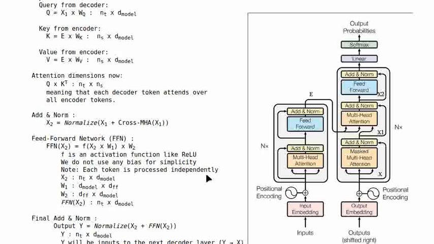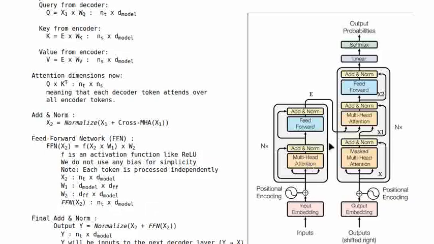The dimensions are: x2, nt times d model; W1, d model times dff; W2, dff times d model; FFN(x2), nt times d model. Thus, the feed-forward network first expands the dimensionality from d model to dff, applies the nonlinearity, and then projects it back to d model.